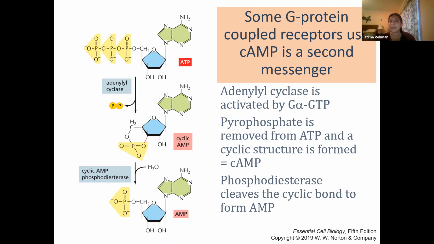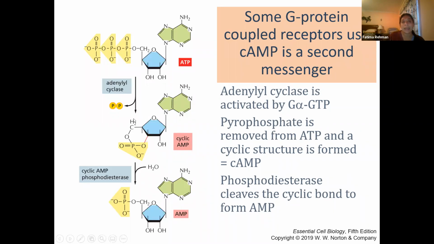So if you think about adenosine monophosphate, or AMP, all that is broken down ATP, right? The phosphates have been released, and now you have the AMP left over. And that AMP can be a very potent second messenger in itself.